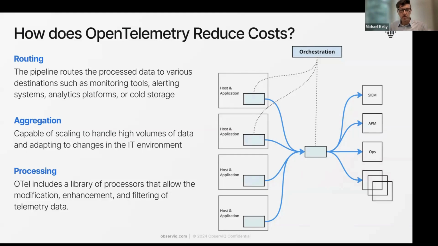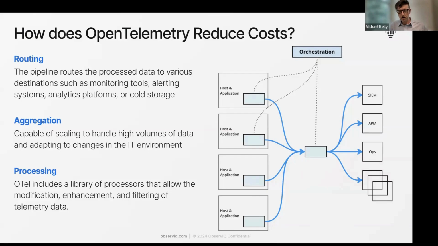The aggregation component is the ability to scale and to aggregate data from many sources, and to support high volumes of data. As your environment gets very large, this is a critical component. And then processing. Processing, filtering, elimination, reduction, these are all talking about the same things.